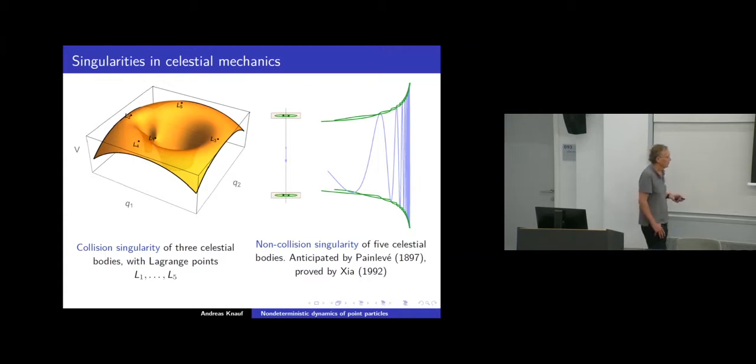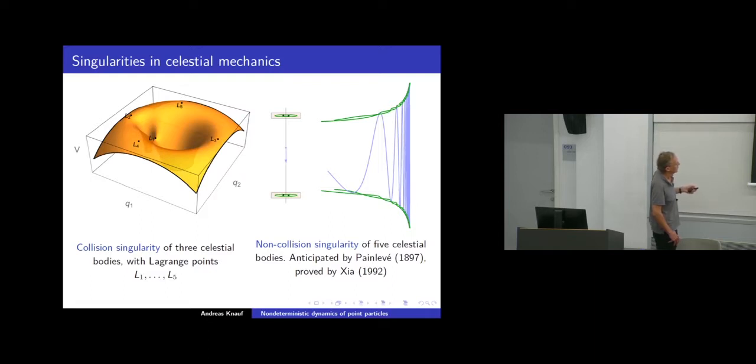And concerning non-collision singularities, they were anticipated by Painlevé in his Stockholm lectures in 1897, and it took quite some time until Jeff Xia proved existence in 1992. And that's what his construction looks like. You probably know it. You have 5 particles in R^3.